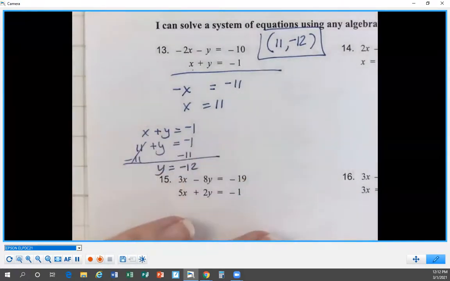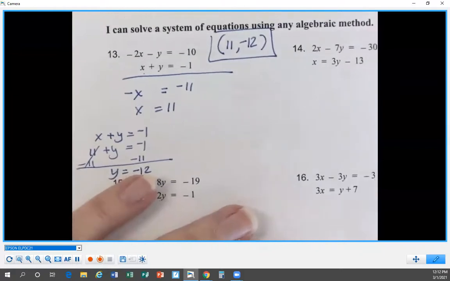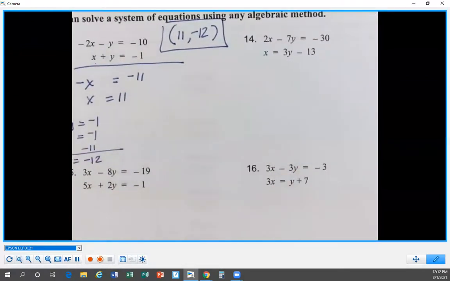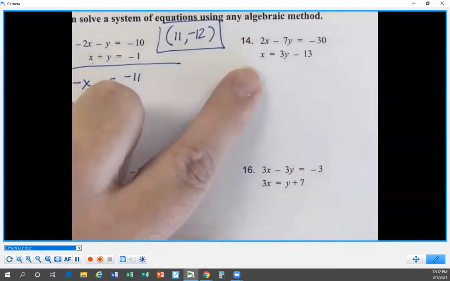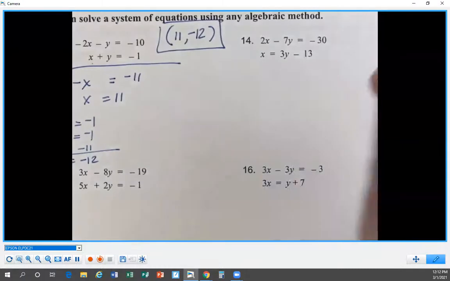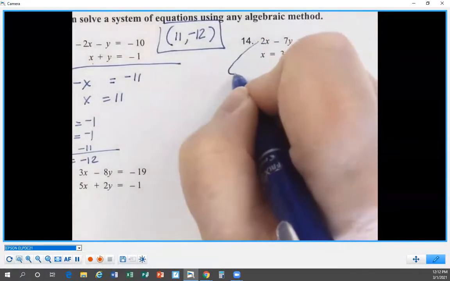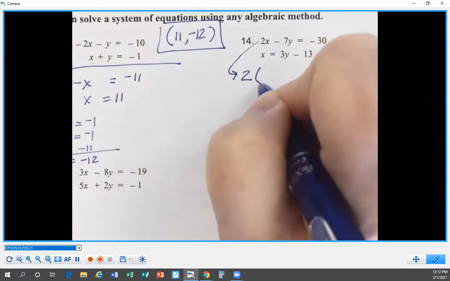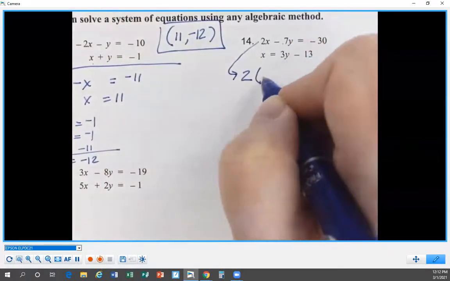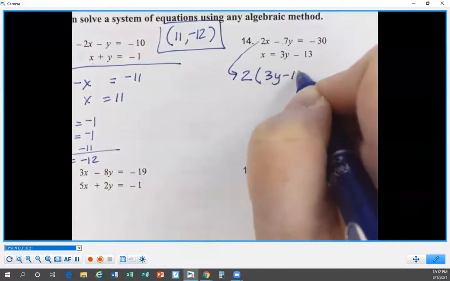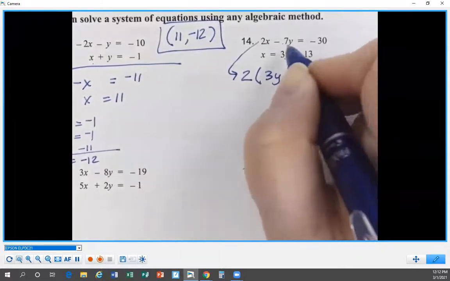Okay, number 14. I see the x variable is already isolated, so I would probably use substitution for this one because the x is already solved for. And then I would plug it in here. So I'll rewrite that second equation. But instead of 2 times x, we'll say 2 times the quantity 3y minus 13.